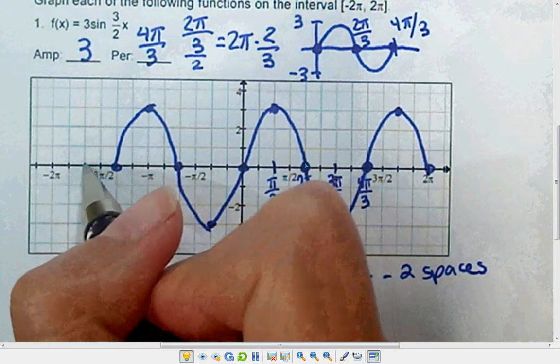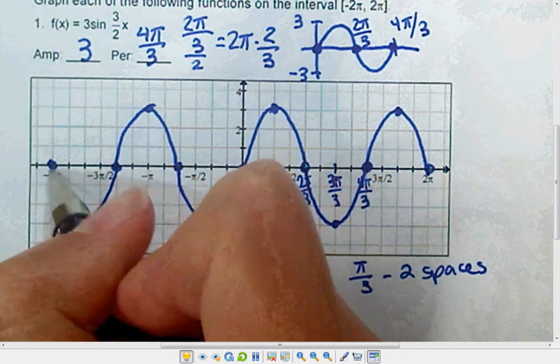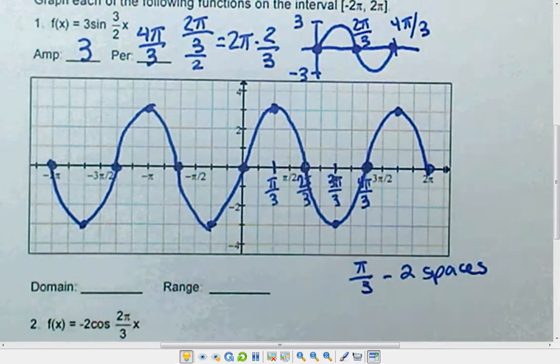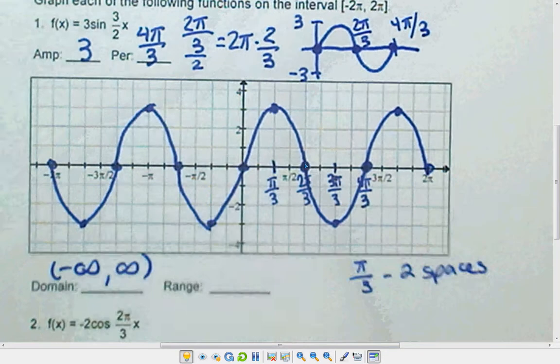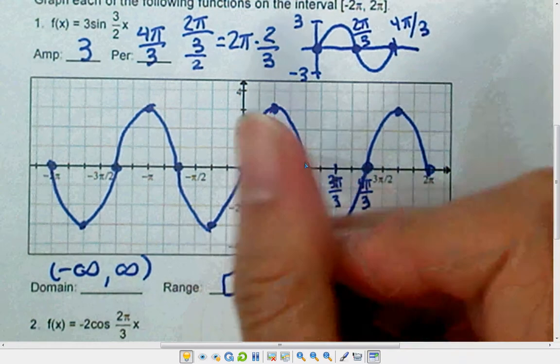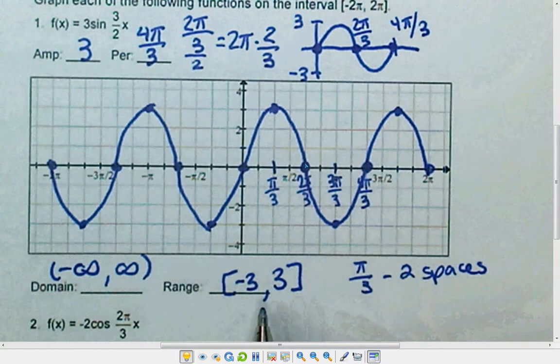Each of these is separated by 2 spaces. And as with all sine and cosine functions, our domain is negative infinity to infinity. Our range is negative 3 to positive 3. Negative number comes first, brackets.